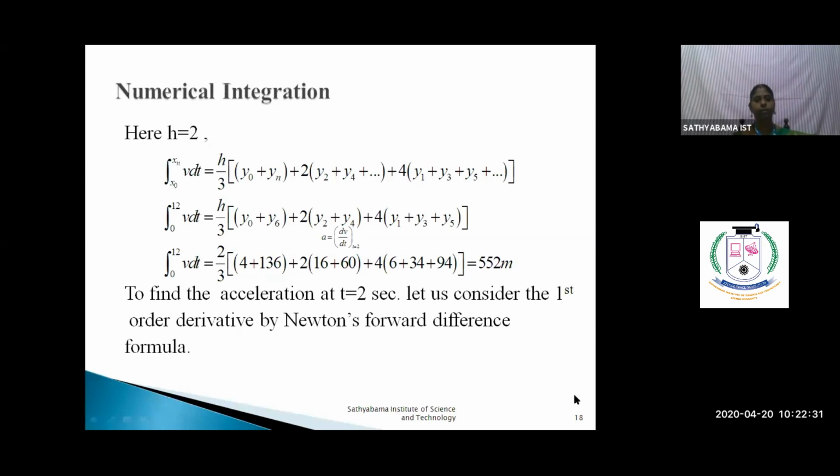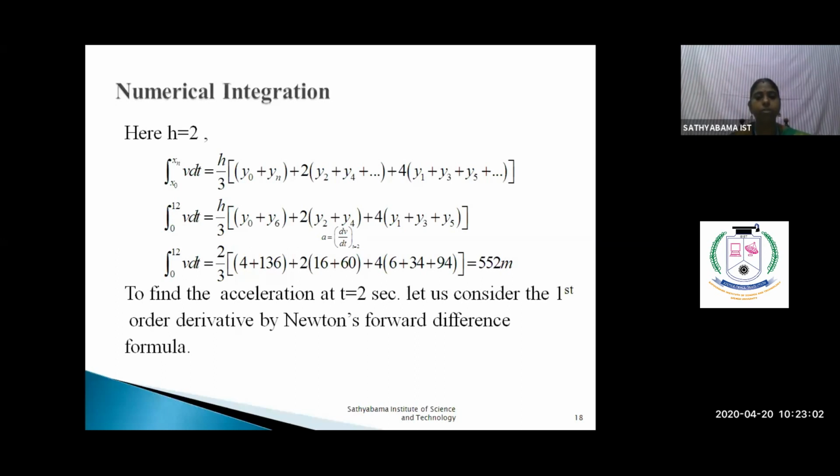So 2 by 3 into y0 plus yn, that is y6, plus 2 times the even ones, y2, y4, plus 4 times y1 plus y3 plus y5. I have written all this data, and at last you get the distance covered by the particle in 12 seconds, which is 552 meters. Okay, so we found the distance covered by the particle.